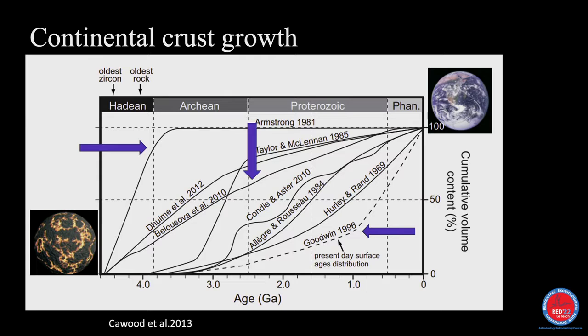But they also ask a very important question, telling that actually we don't know how much Archean crust was consumed throughout the Earth's history. We don't know how much Archean crust is hidden within the middle or lower Earth's crust.